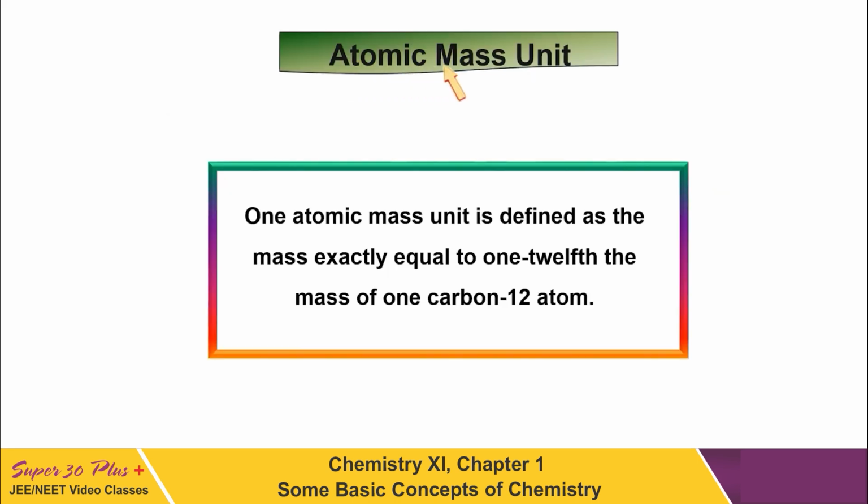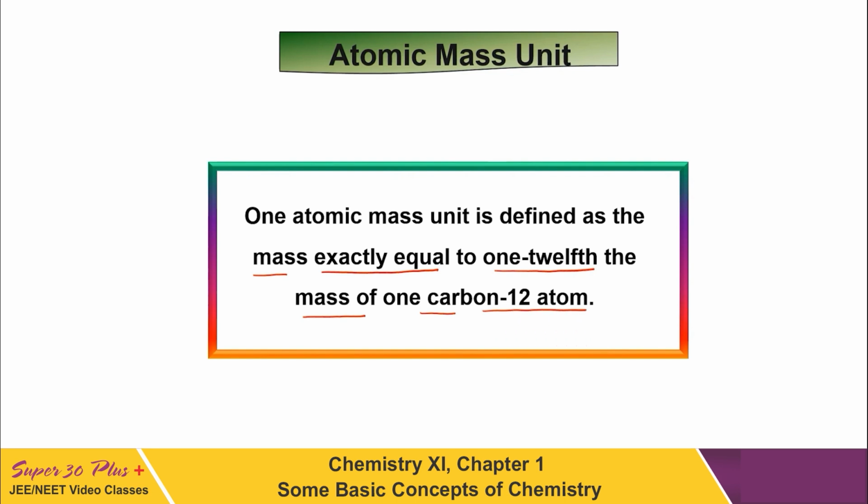Now what is atomic mass unit, AMU? One atomic mass unit is defined as the mass exactly equal to 1/12 of the mass of one carbon-12 atom. You got it, students?